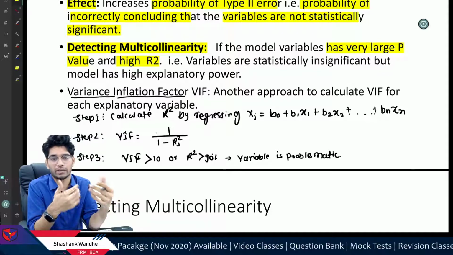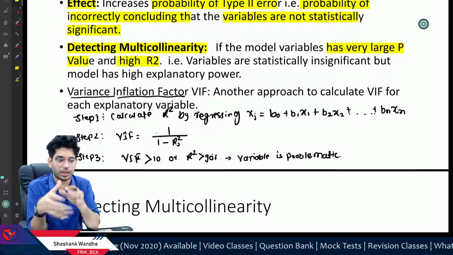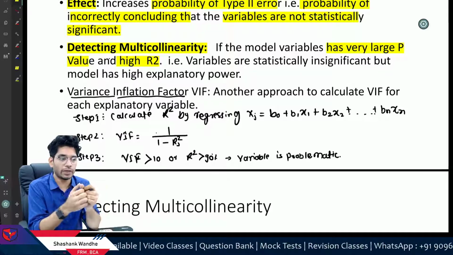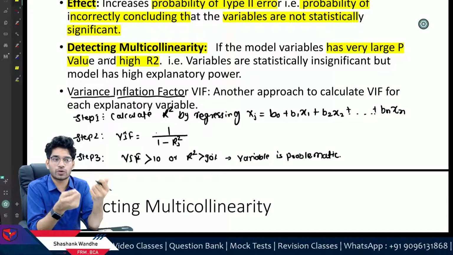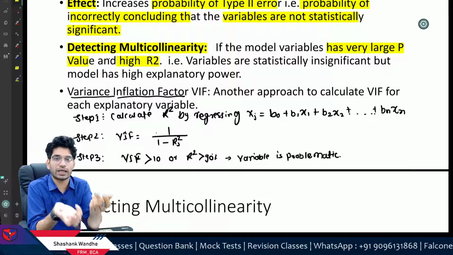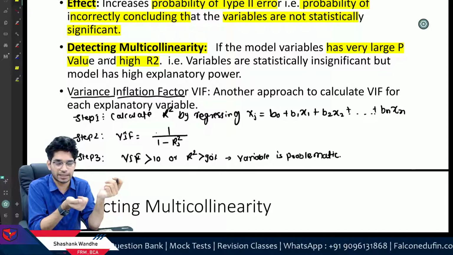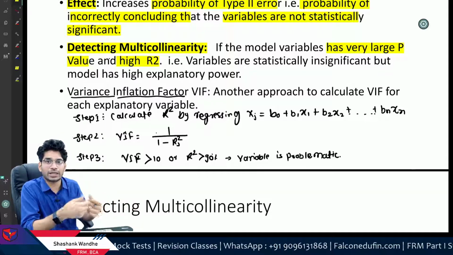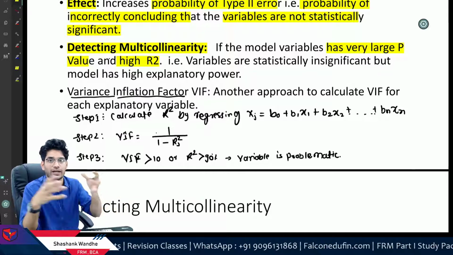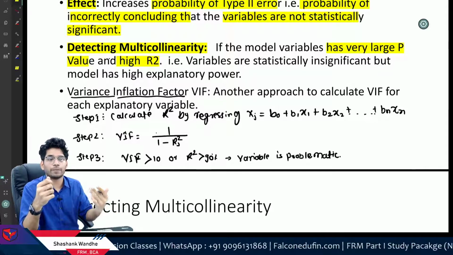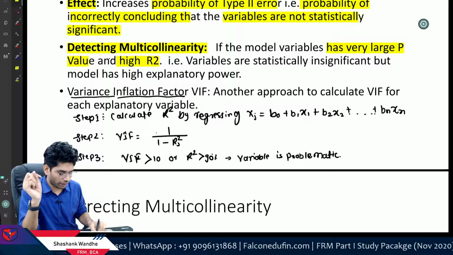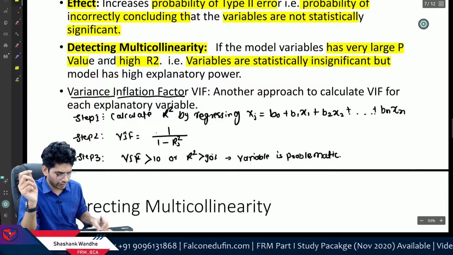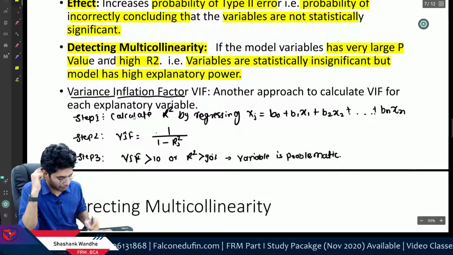But your individual variable coefficients are not statistically significant. So x1, x2, x3 individually don't have any value, but when you combine them, they are able to explain it, meaning there is multicollinearity. This is one way to identify it: the variables are statistically insignificant, but the model has high explanatory power.